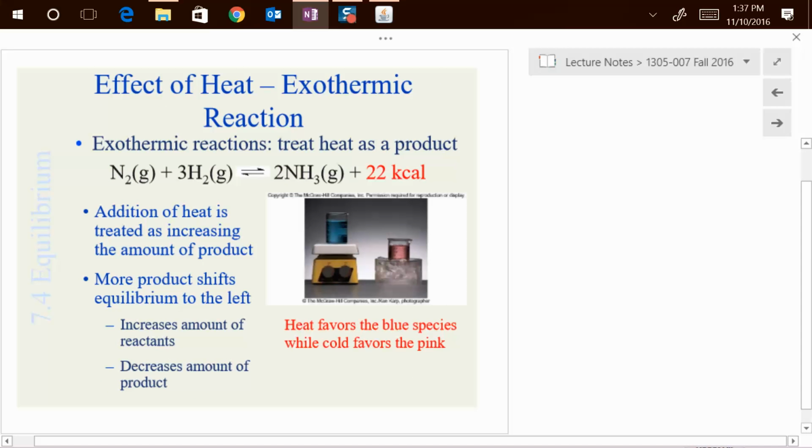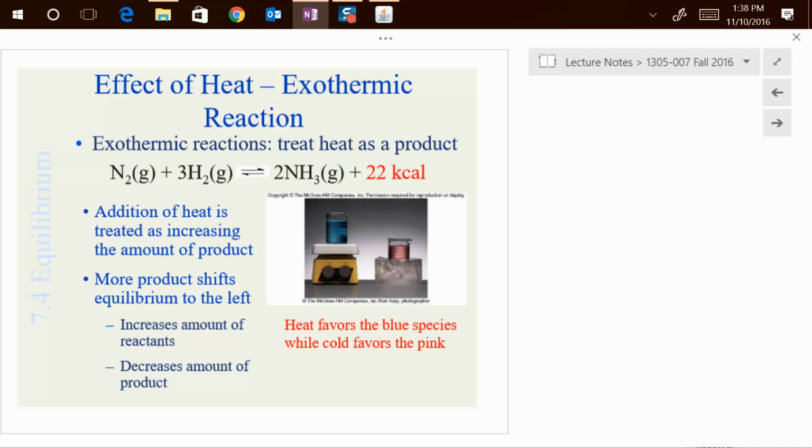So here's another example, but this one is dealing with heat. So concentrations, we can change concentrations by increasing them, shifting it away from them, or decreasing them and shifting it towards them. Okay? Heat is the same exact way. The only difference is you need to know how to write the heat in the equation. Where do I put the energy in the equation?